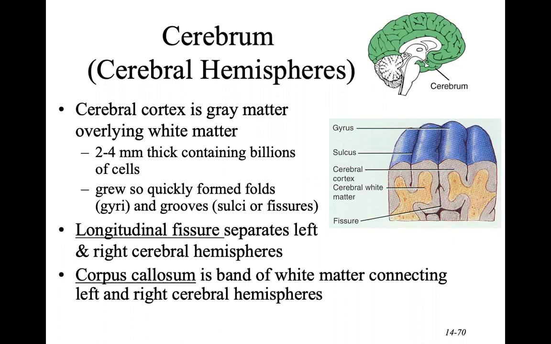You can put your fingers in and feel the separation between the right and left cerebral hemispheres, but you can't really separate them into two halves without using a scalpel. So the longitudinal fissure creates this delineation between the left and right cerebral hemispheres.